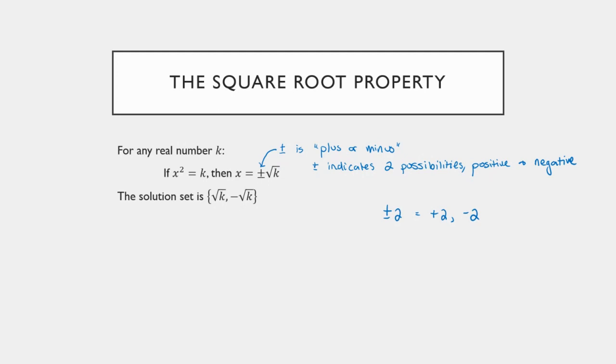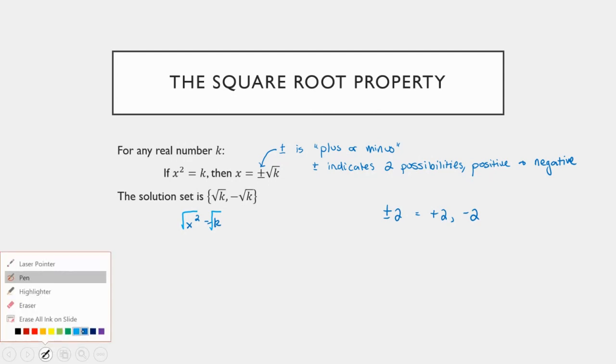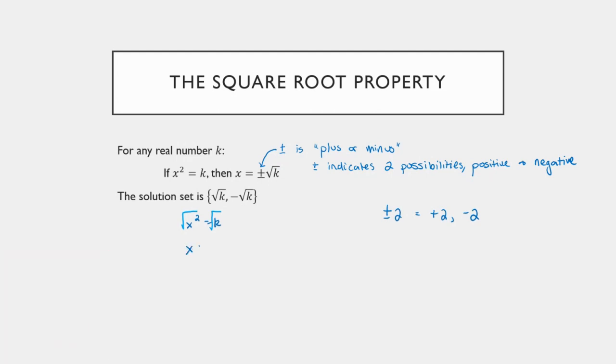So basically, if you have some equation x squared equals k, it's saying that you are allowed to take the square root of both sides. And a square root cancels out a square, which is how we're left with x. And then when you take square roots and you have quadratic values and you're looking for x, you get two possible answers, the positive or the negative version of whatever that number is.